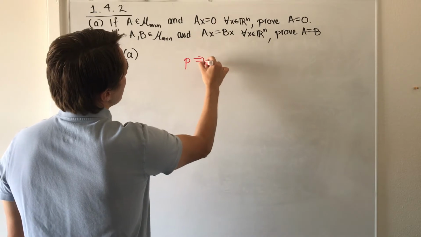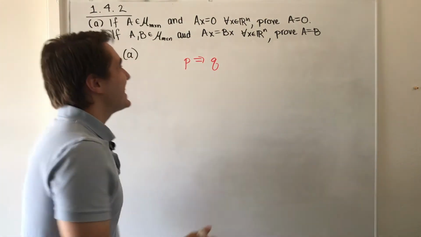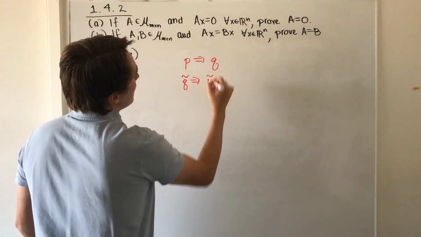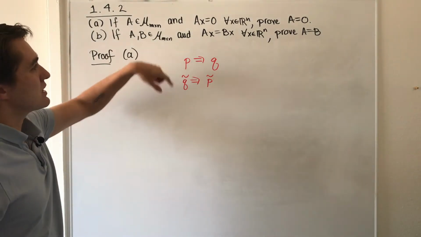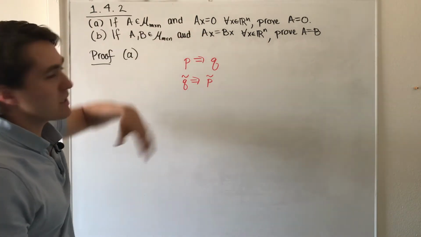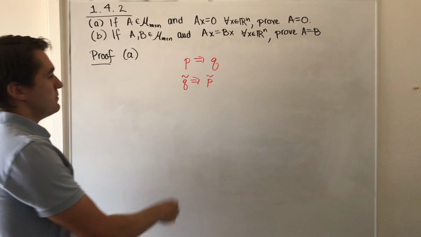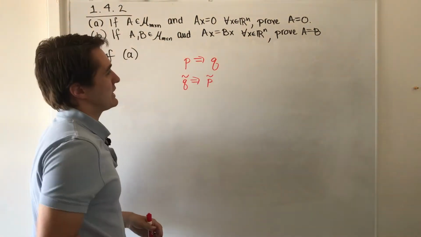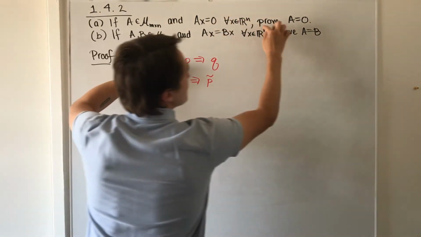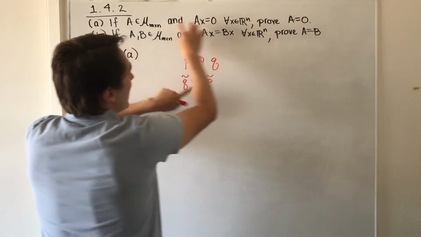If you have two statements, P and Q, and we have an association here, P implies Q, that is equivalent to the statement not Q implies not P. If you look at the truth tables on these, depending on the truth values of P and Q, they'll show to be equivalent, right? So this statement, P implies Q, is the same as the statement not Q implies not P, right?